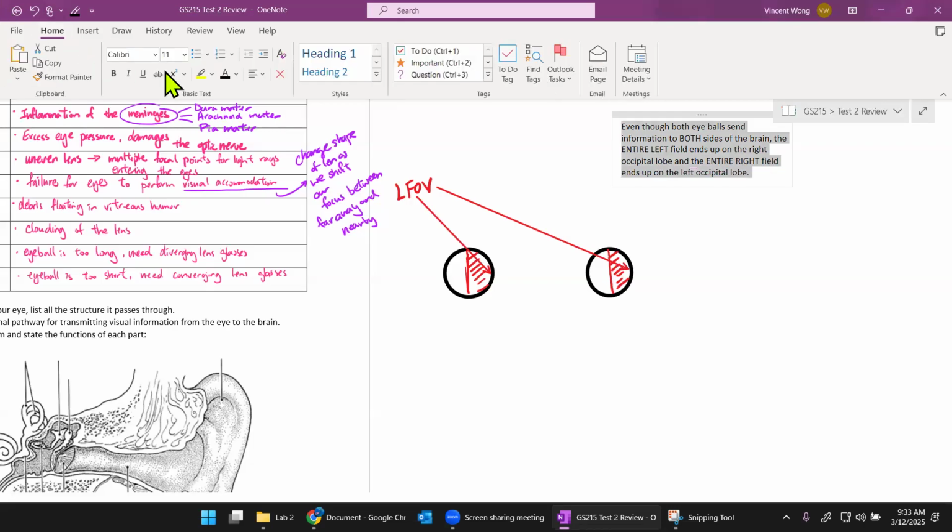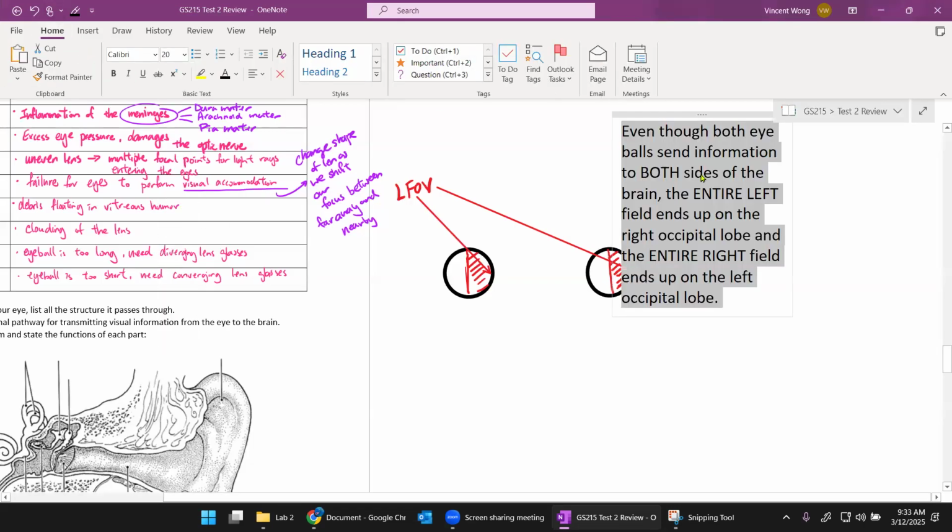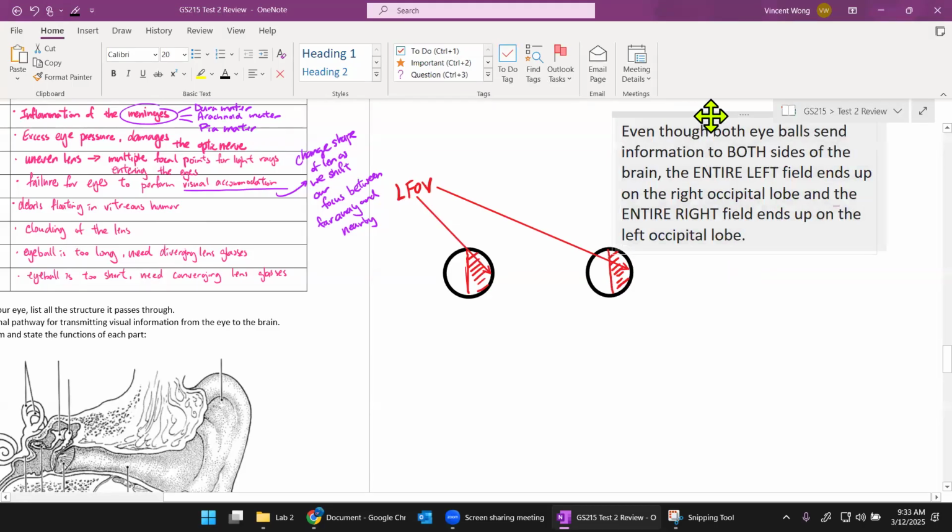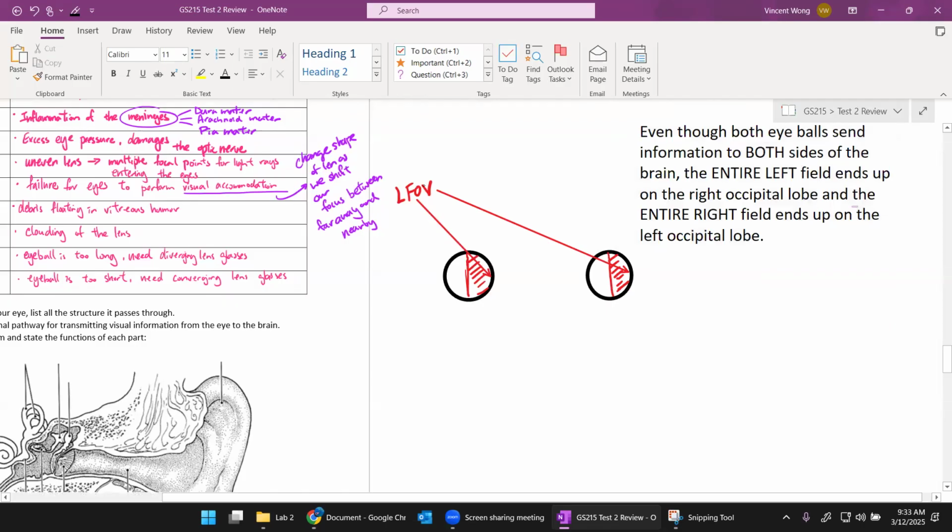Okay, you don't have to copy that now. I'll post this later, but that's going to help you think about how to draw this. This is the left side, so everything is going to end up here on the right brain, right occipital.